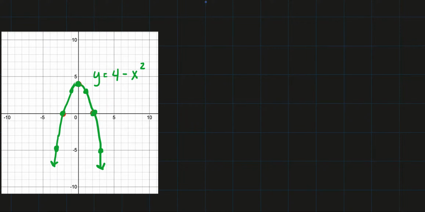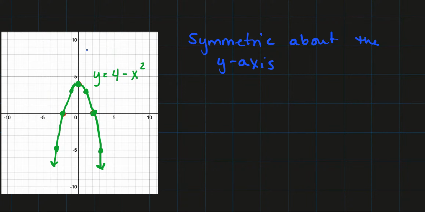And this graph is symmetric about the y-axis. What it means to be symmetric about the y-axis is if you look at the y-axis, which is right here, and you fold this graph along that line, if you have a mirror image on the left-hand side and the right-hand side, then it's symmetric about the y-axis.